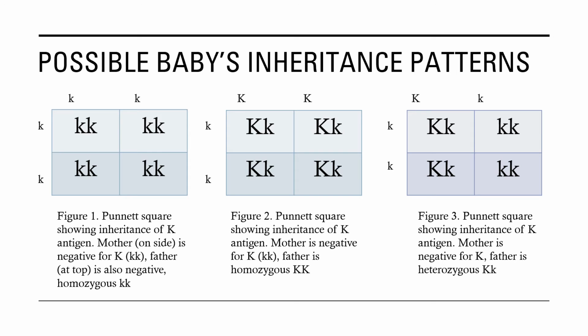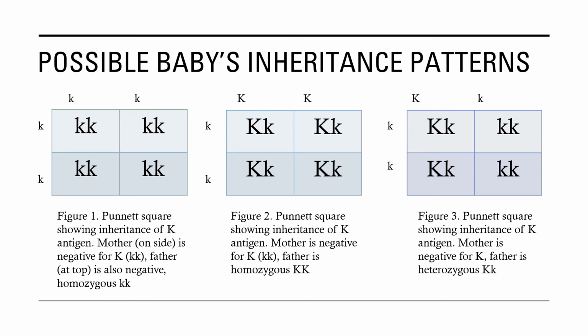So in this case, the baby has 100% chance of also being little k, therefore not inheriting the big K antigen, and not at risk for HDFN. In the second scenario, the father is homozygous for big K, and the mom, of course, is little k, so all offspring would be heterozygous, big K, little k, and at risk for HDFN.